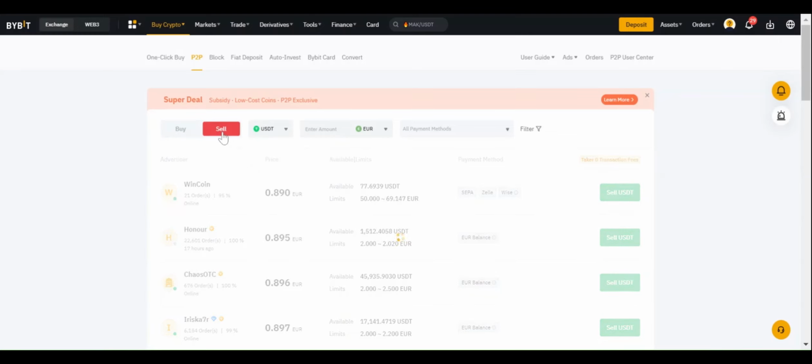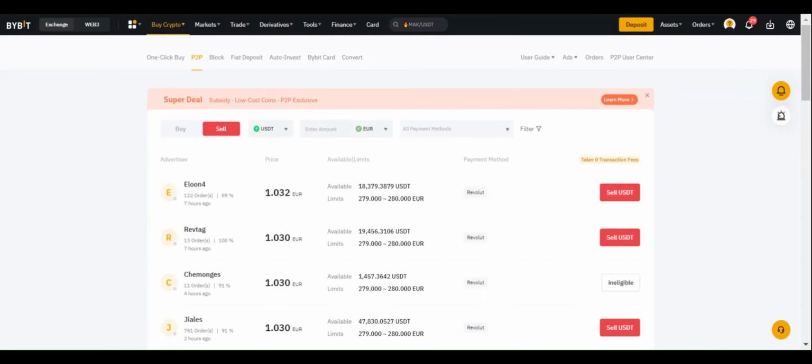And then once you do that, you find people that are ready to buy from you. So essentially you are the seller. When you check the person's rate and how much they are willing to buy, you can just click sell USDT, and then it will be a very straightforward process. You select your payment method, all of that. You can use this filter to select your payment method.